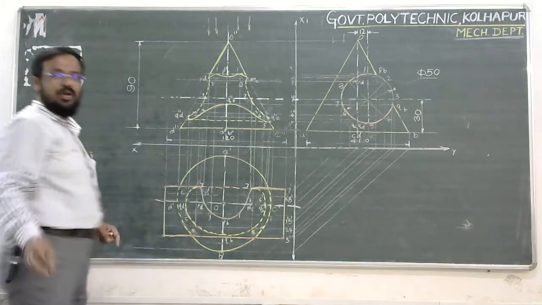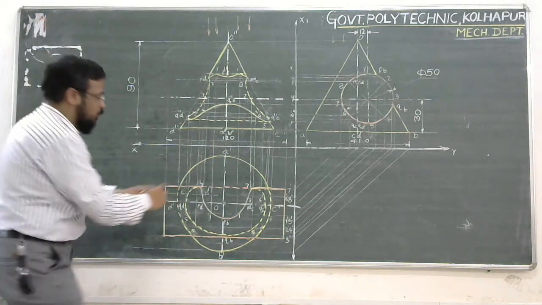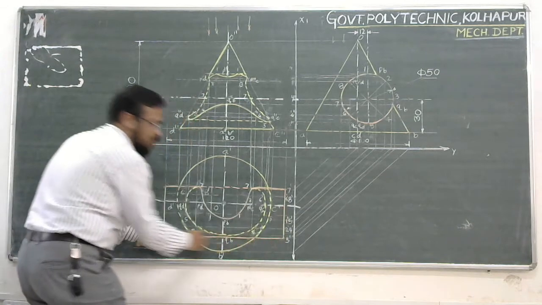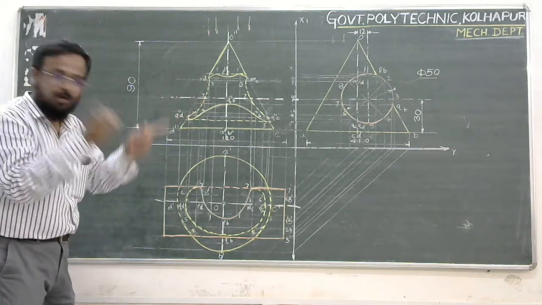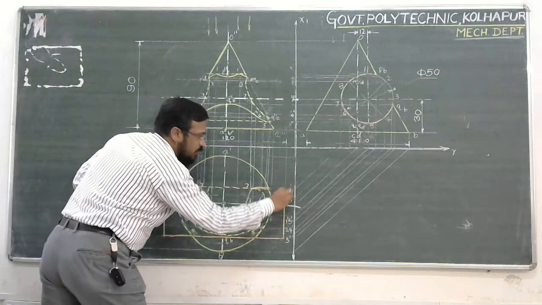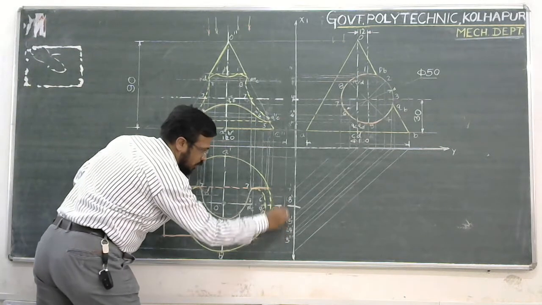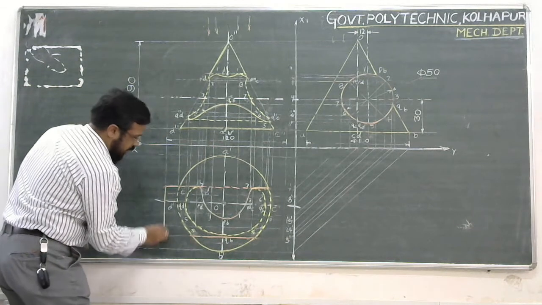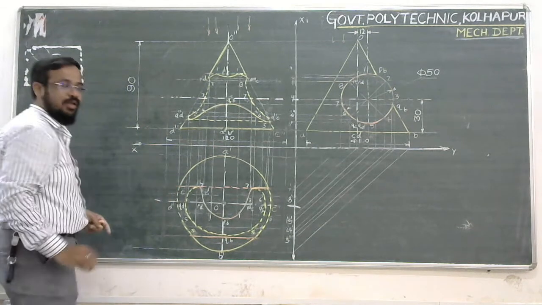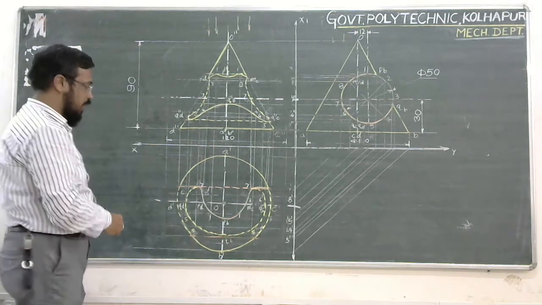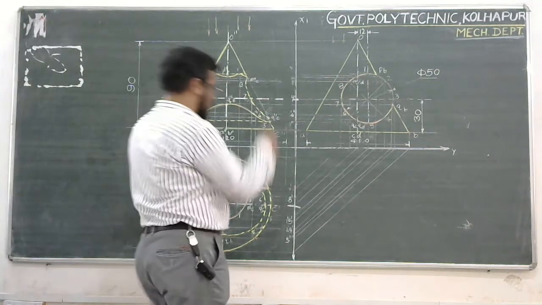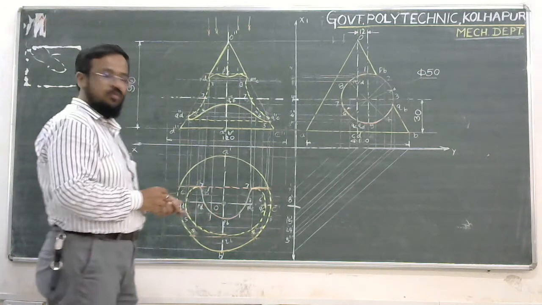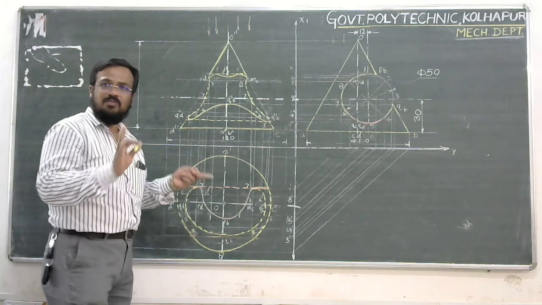Got it? Okay. In the top view, what is the portion of the cylinder we have drawn? This is the portion of the cylinder, but now we are considering the case of a drilled hole only, not of a cylinder. So this obviously will not be there. Now it's a case of penetration of a hole inside. So the reference of this drilled hole will be present in the top view in the form of a dotted line.